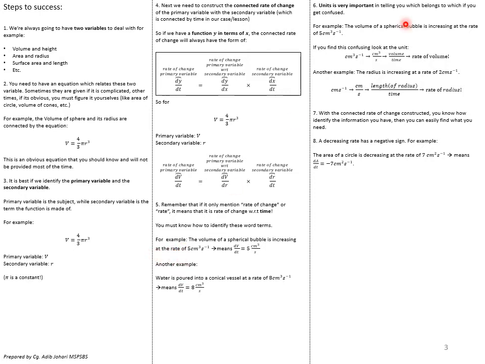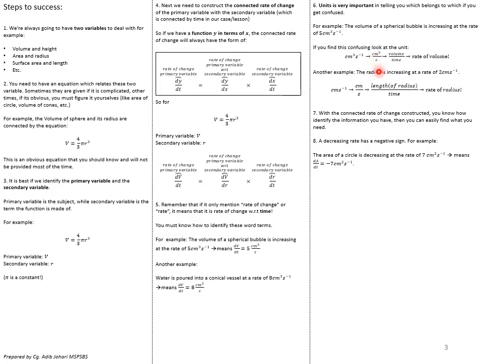So number 6, another tip is that if you find it confusing to identify which is which, is it dv over dt, is it dv over dr, focus on the units. The units can give you hints. For example, cm cube s to the power of minus 1 is centimeter cube per second, one unit of time.